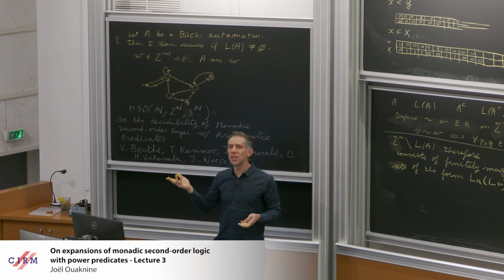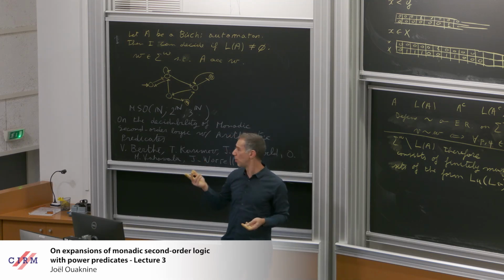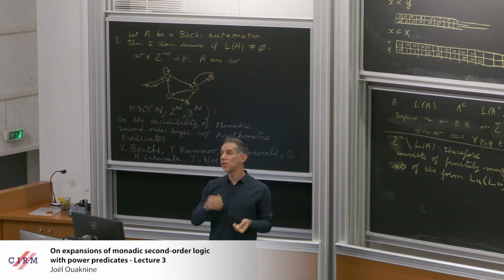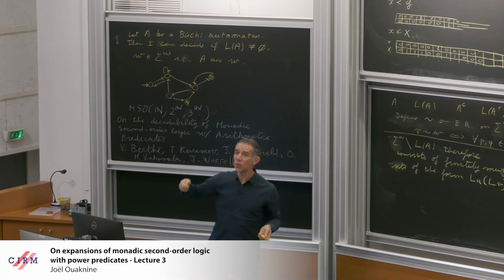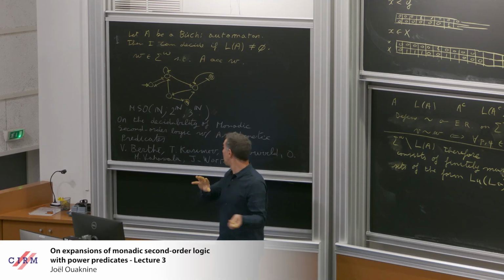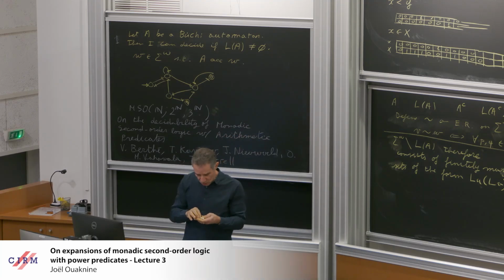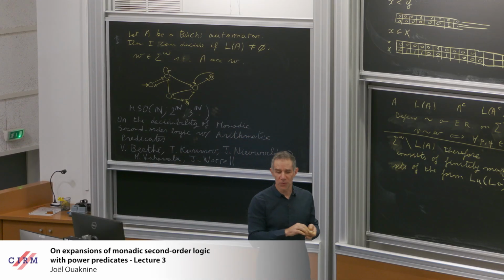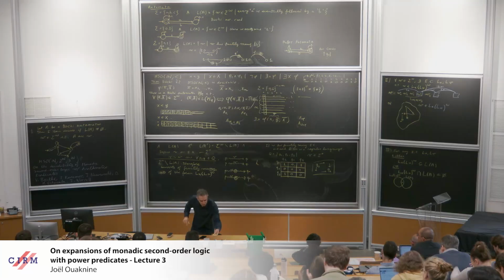It's also using tools such as Semenov's theorem. Of course, Semenov is also a key name in this field. It's using toric words, which are these kind of rotation words. So all this technology that we've seen in some of the other lectures actually all comes into the decidability result here. So I've sold you short, but if you go to the paper, then you can see the full story. Okay, thank you.